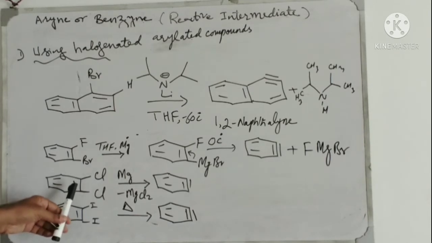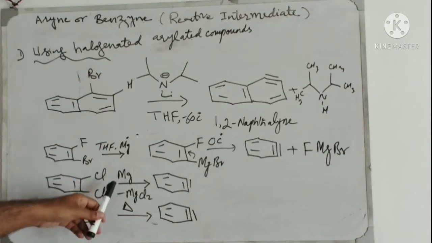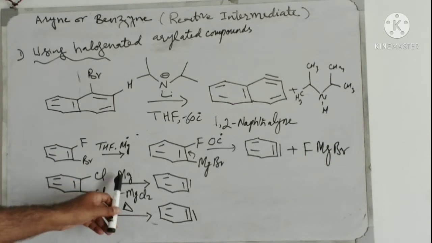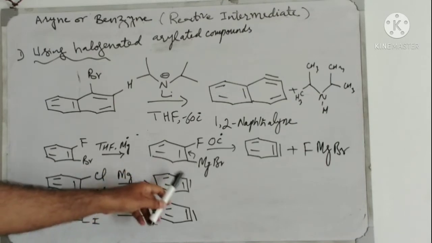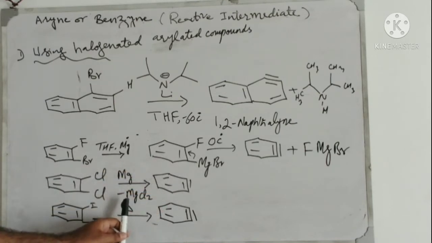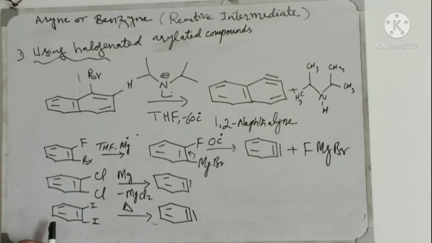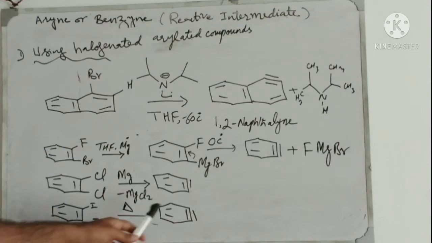Here this 1,2-dichlorobenzene, when reacted with magnesium turnings, gives almost the same type of reaction. It forms the benzyne intermediate with the elimination of magnesium dichloride. This is 1,2-diiodobenzene. It is heated to form this benzyne intermediate.